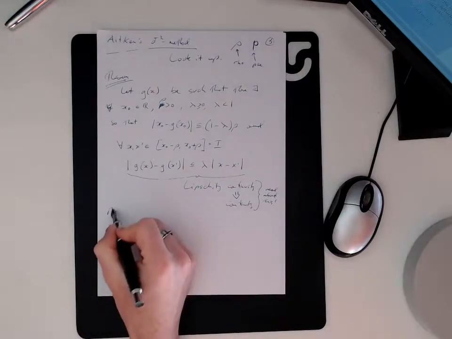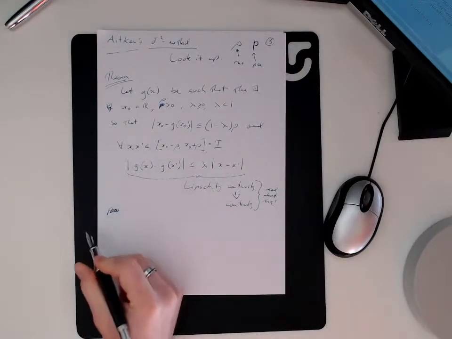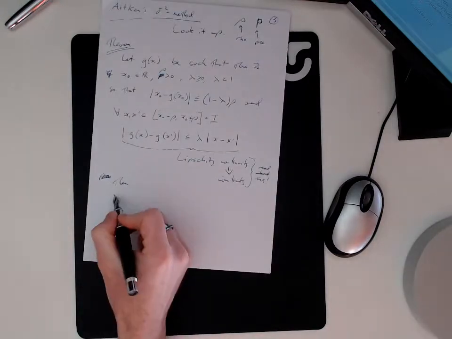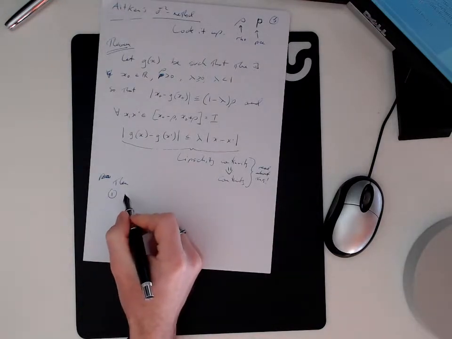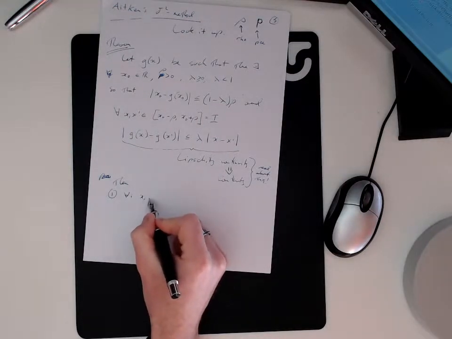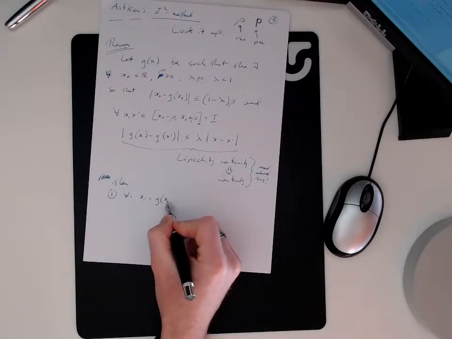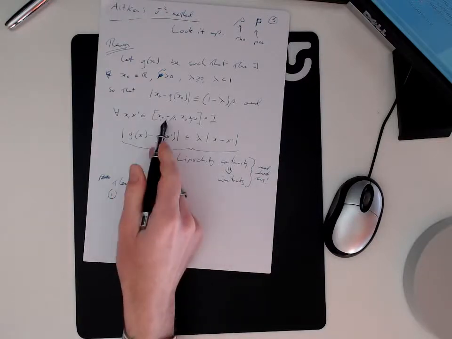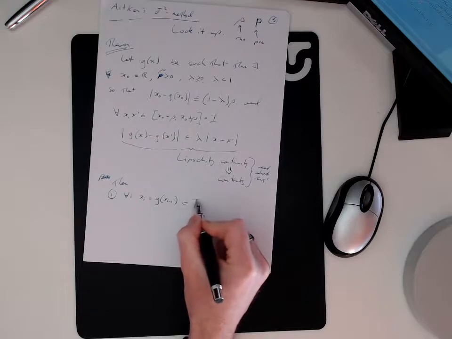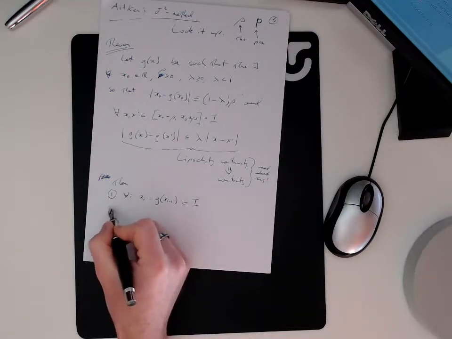Okay, proof. Oops, I haven't even included the conclusions. The conclusions come in 3 bits. The first bit is: for all i, xi equals g of xi minus 1, and I know what my x0 is, for all i is inside my interval. 2.